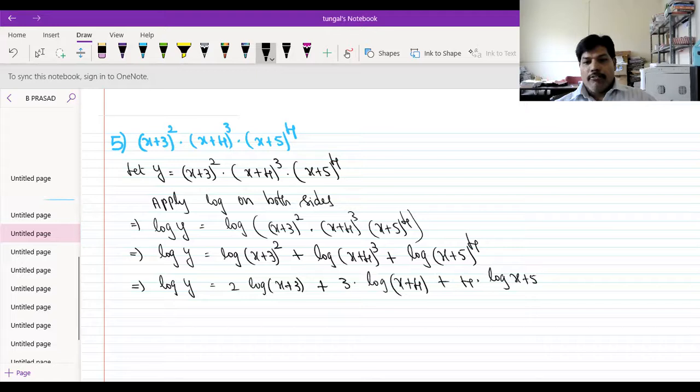So use these conditions, students. Then I will differentiate the function here. Differentiate with respect to x on both the sides.